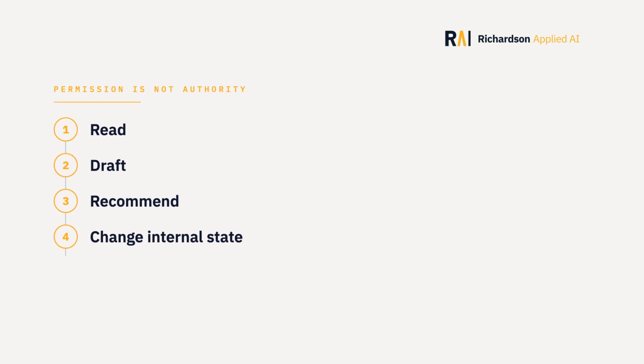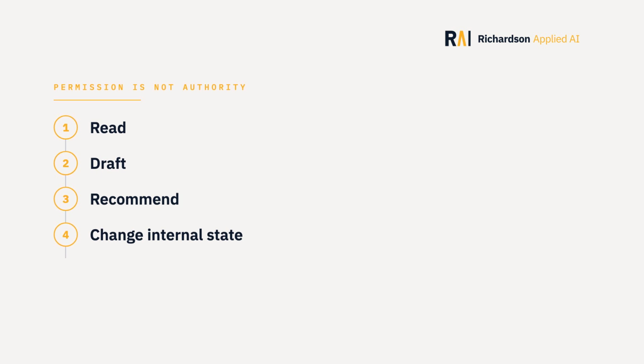Do not assign one approval rule to every workflow. NIST's Generative AI profile says oversight and human AI configuration can differ with the application and context. For a first pilot, use the narrowest level that can produce a useful, checkable result. Read-only analysis or a draft often teaches you more than a premature connection to the live action surface.